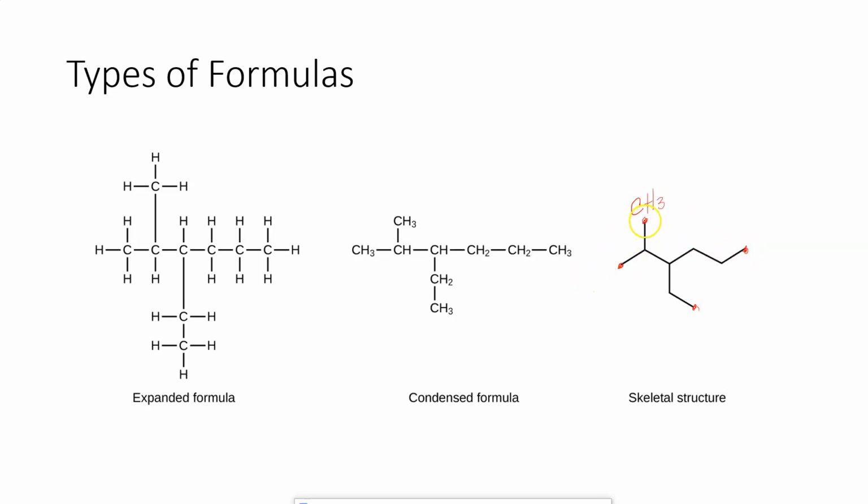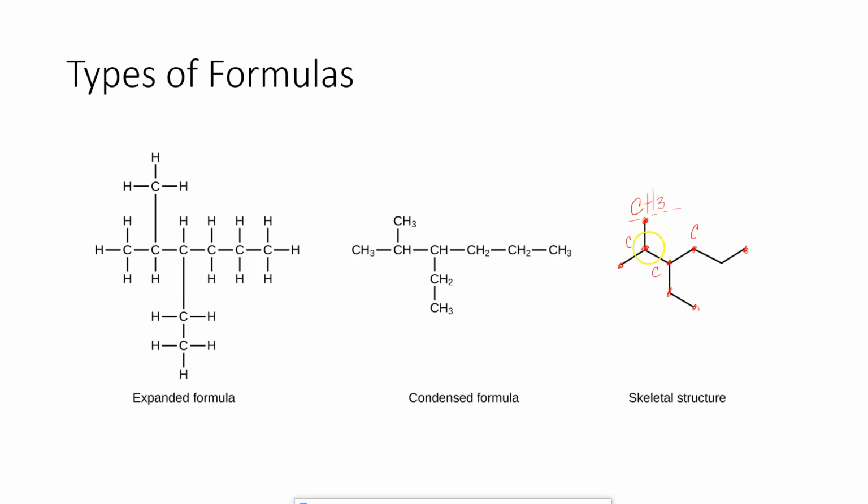So I know that in this edge here, there is a CH3, right? Now, each one of these points that interconnect two lines, right, is going to represent a carbon.